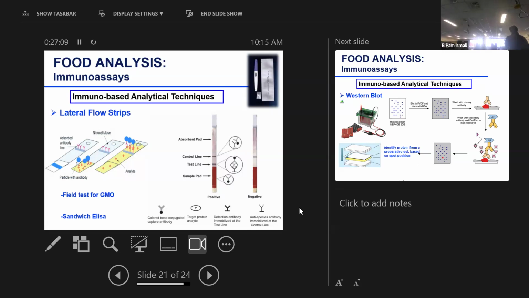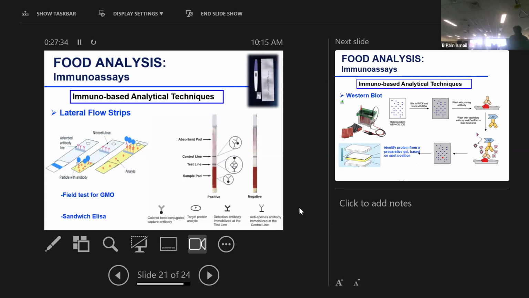But if it's a pregnancy, you would have a specific protein in the urine, and that would be reactive with this antibody, and then it will move up this. And this antibody that has this antigen will be captured by another antibody sandwich at that test line. And then you'll see the blue color.